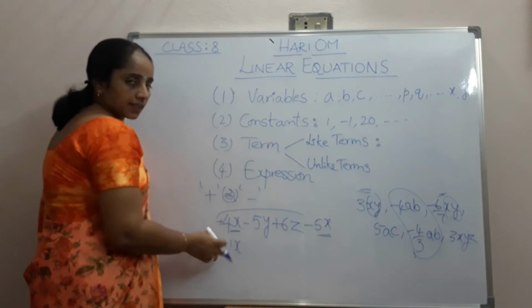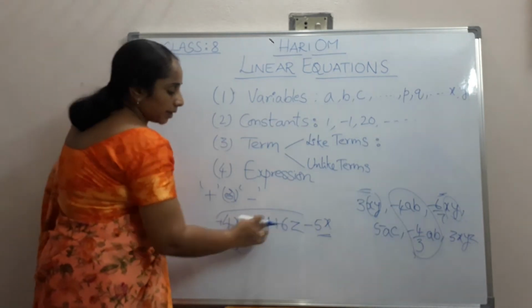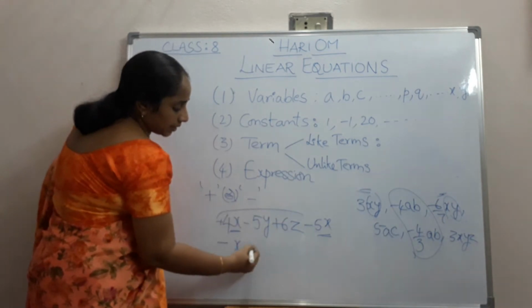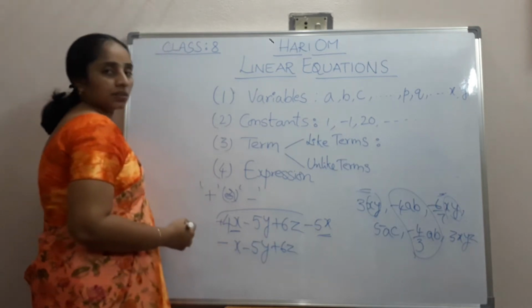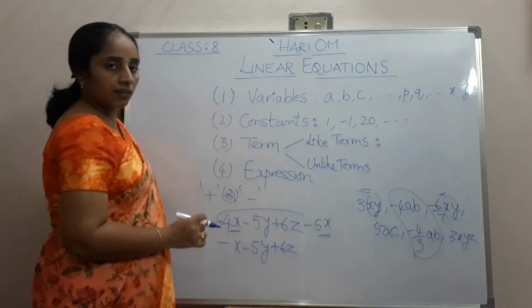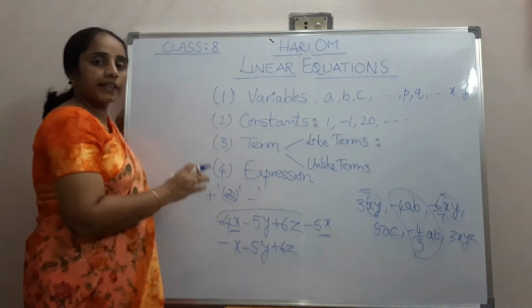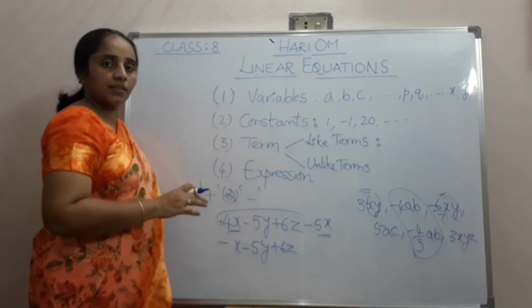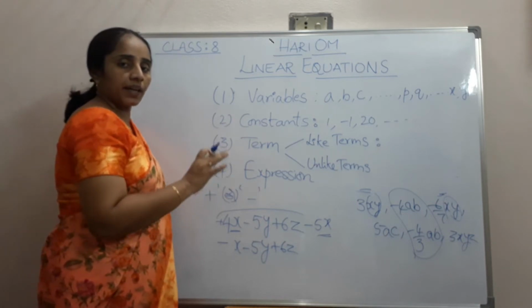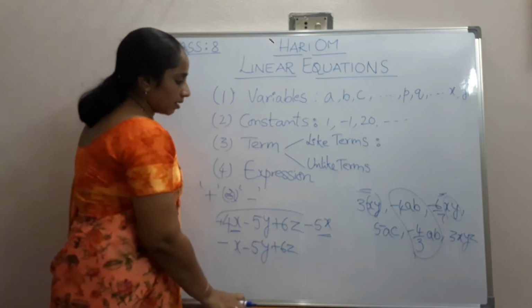Minus 1x is nothing but minus x only, no? The remaining two we can write as it is. Understood? If in an expression we have like terms, then only we can add, or else we have to write the expression as it is.